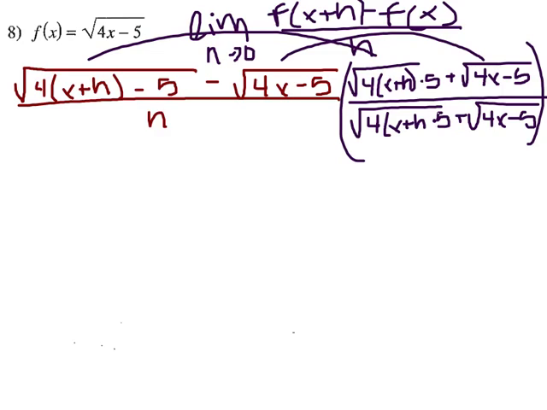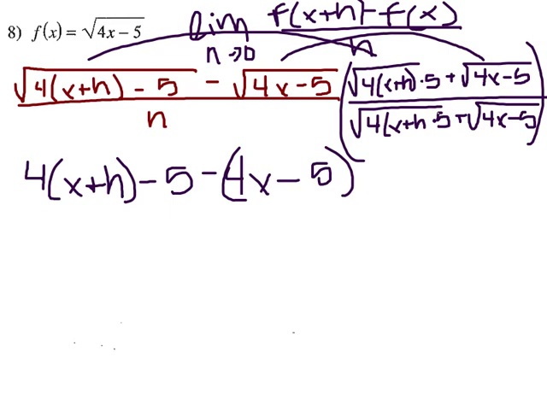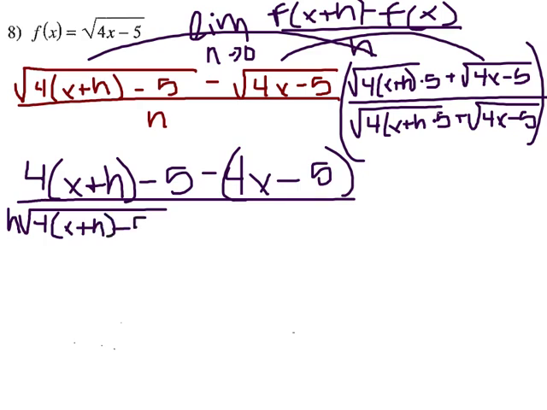So we will just be left with 4x plus h minus 5 minus 4x minus 5, and it's all over our crazy denominator here: h times the square root of 4x plus h minus 5 plus the square root of 4x minus 5.